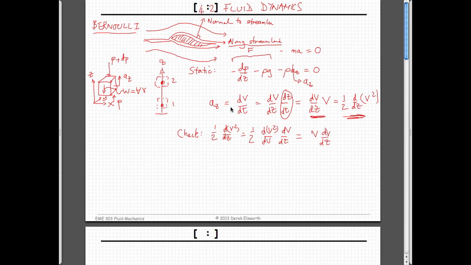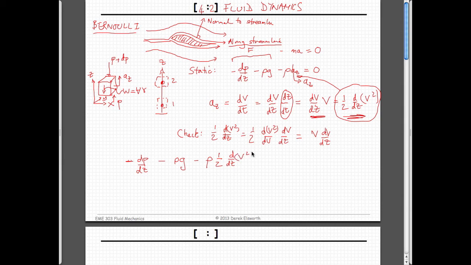And so what we can do with this is that now we have this expression here. This is actually the acceleration that we have here. So we can come back to this expression here, and we can write out minus change in pressure with location, minus density times gravity, minus density of the fluid times a half rate of change with location of the velocity squared.